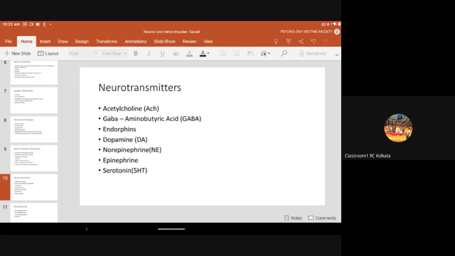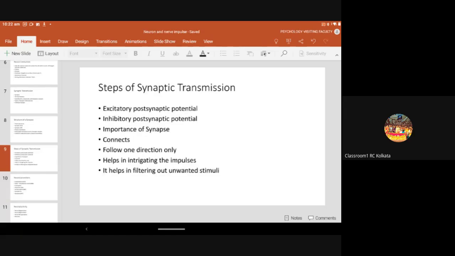So this is all about the importance and the steps of the synaptic transmission. And now today I will start with this portion, that is the importance of synapse. As you all know, I told you in the previous slide how it is helpful, or what are the functions of synapse.